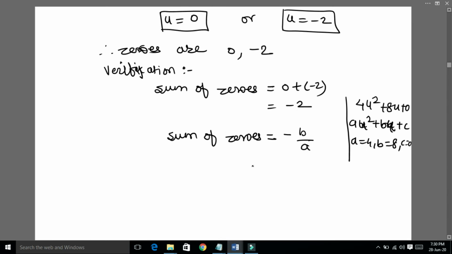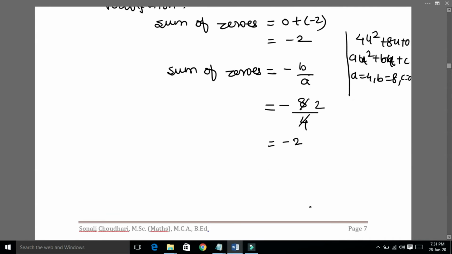So substitute values, that is minus b upon a, which is minus 8 upon 4. So minus 8 by 4, 4 twos are 8, so minus 2. So we get the same values in both the cases. Hence the sum of zeros is verified.